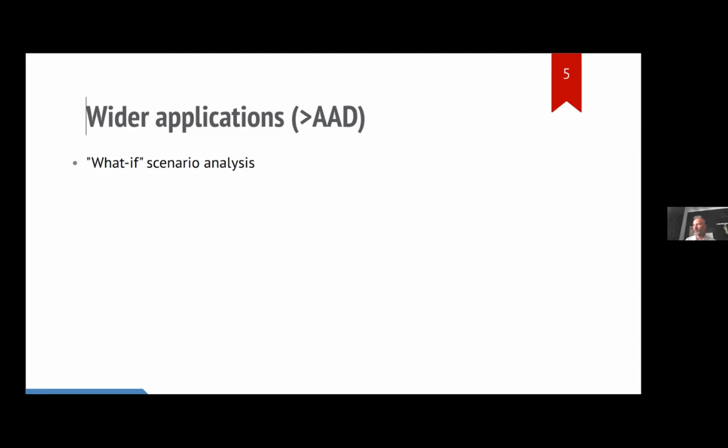Normal AAD cannot do this. Normal AAD can only speed up your scenario risks at market data at T0. Similarly, we can do historical simulations, and we can speed that up as well, because we can reuse the same valuation graph and feed it with multiple historical samples.